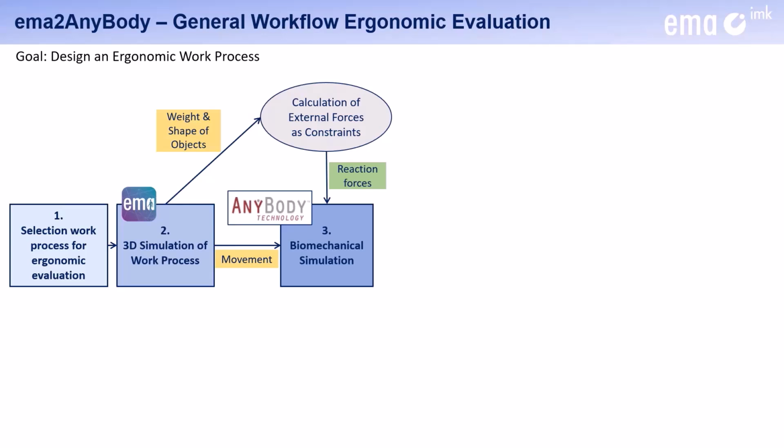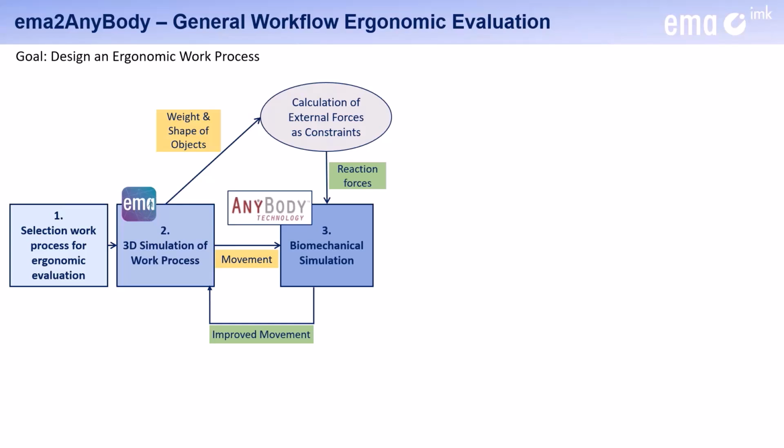You use the motion data from EMA Work Designer, and additionally from our software system come more information, metadata, like the weight and shape of objects. Internally it will calculate the external forces as constraints or the reaction forces in the biomechanical simulation. Then you have a very first result: improved movements in EMA Work Designer.